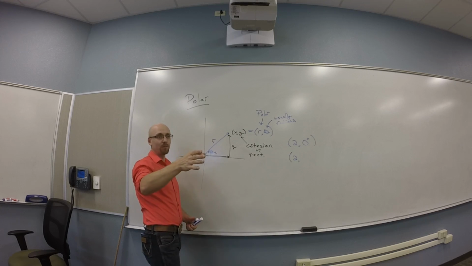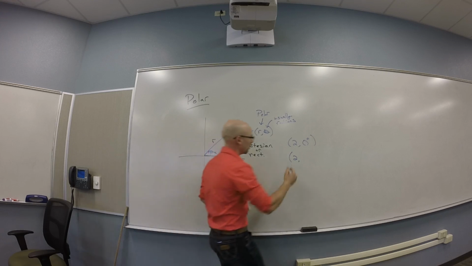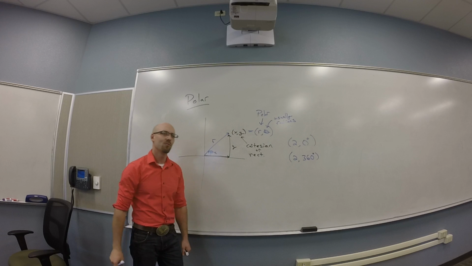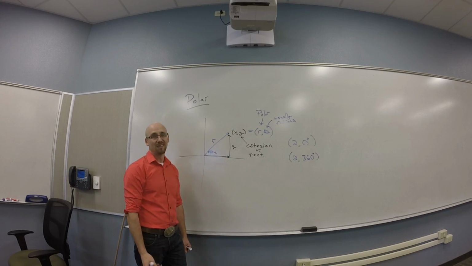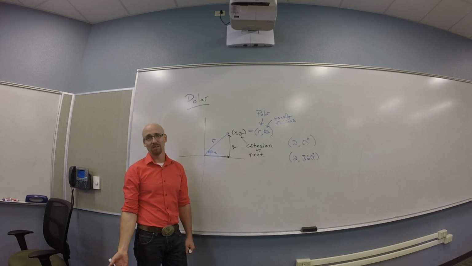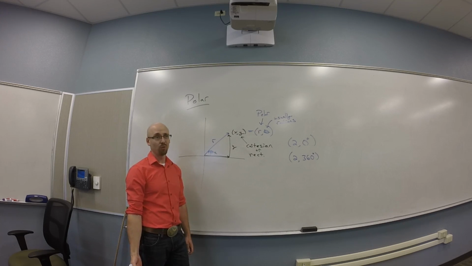So we should conjure up the conversion factors. I just want to highlight one thing: 2 comma 360 degrees, is that the same point or different? It's the same point, written with a different angle. Polar is a little ambiguous on points sometimes. Sometimes there's more than one way to get to the same point. That's not true in rectangular, but it is true in polar.